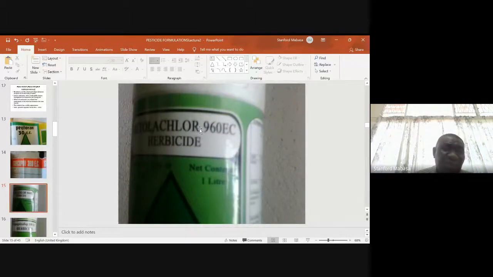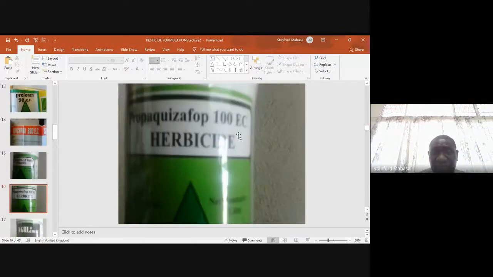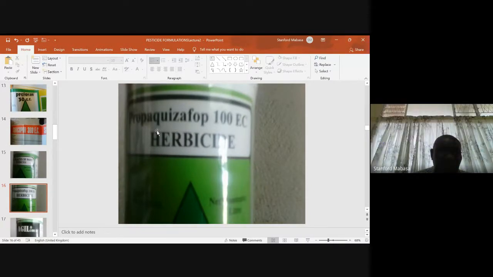This is Alacro herbicide. Again, look at this EC, emulsifiable concentrate. Another chemical again with EC, emulsifiable concentrate.